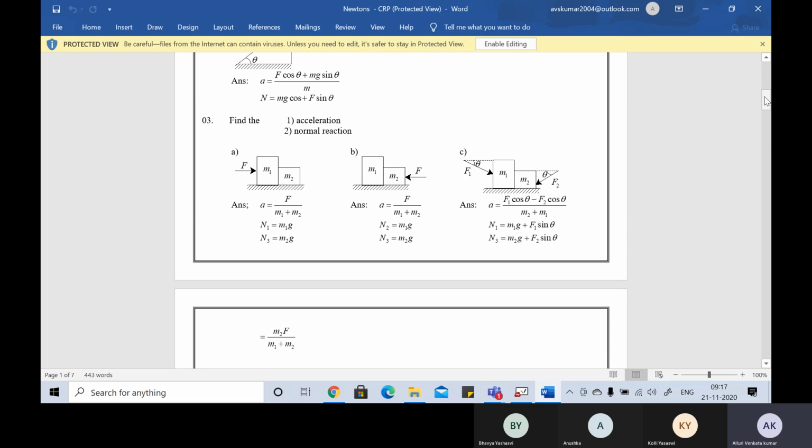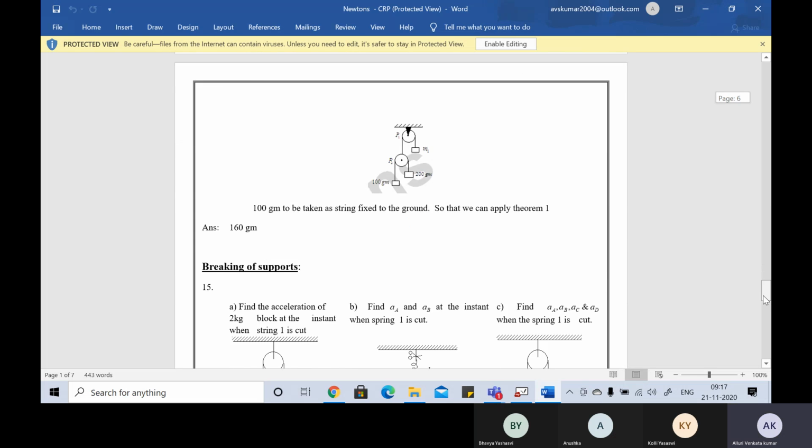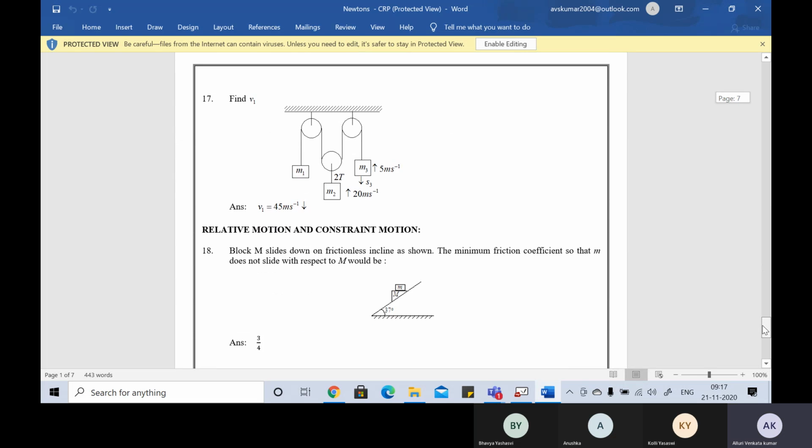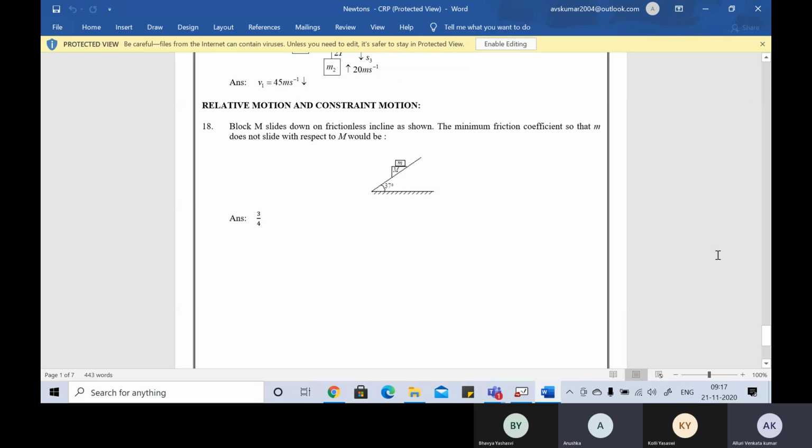My last topic is relative motion and constraint motion. See here. They have given the assignment which should be given after completion of this chapter. So anyway, no need to worry. I'll explain when that topic comes.